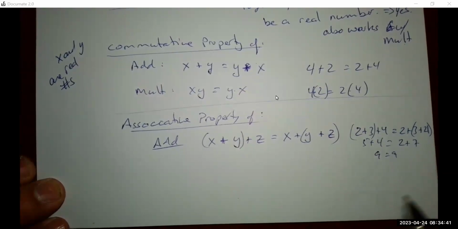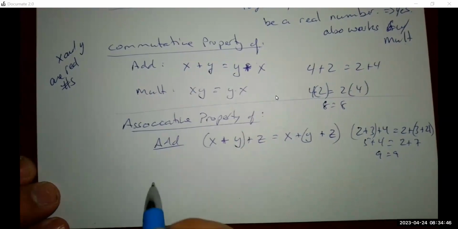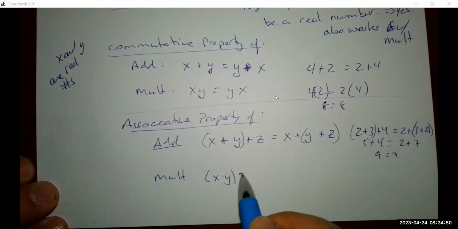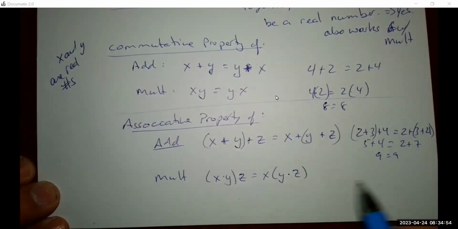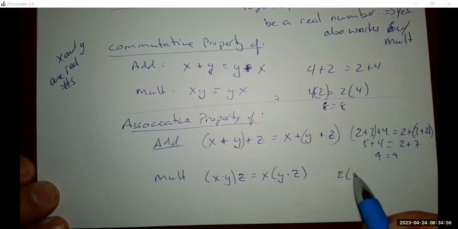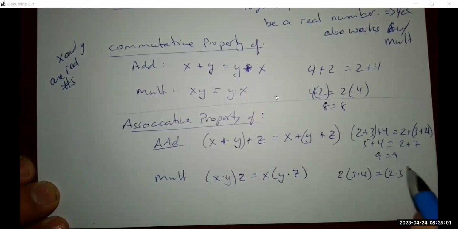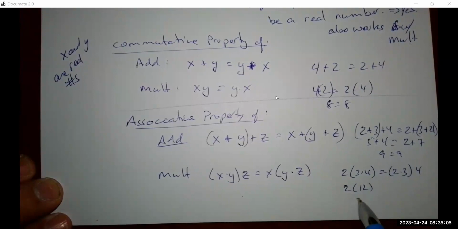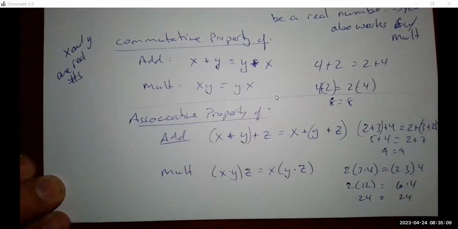They both equal 9. And it also works for multiplication. X times Y times Z equals X times Y times Z. 2 times 3 times 4 equals 2 times 3 times 4. 2 times 12 equals 24. 6 times 4 equals 24.